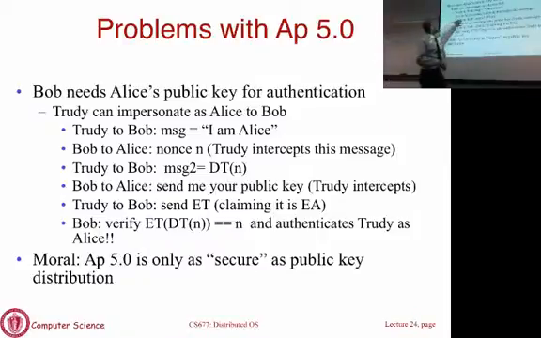Bob tries to send a message to Alice saying, here is a nonce, which Trudy intercepts. Trudy sends a message to Bob with the encrypted nonce. At this point Bob has to get the public key in order to decrypt it. This is where the protocol will go wrong. In order to decrypt this nonce, Bob has to get to know Alice's public key. So he sends a message saying, send me the public key so I can verify. Trudy intercepts this message and sends the wrong key, which allows Bob to authenticate her.